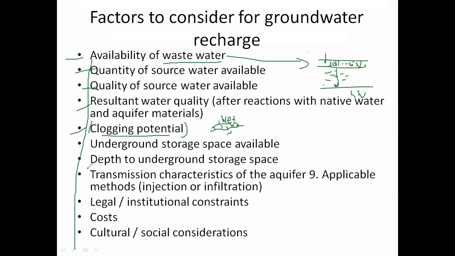Next you have depth of underground storage, transmission characteristics, legal constraints, cost, and culture. Legal means institutional constraints. Some groundwater recharging we can't do in some areas that already use more groundwater.